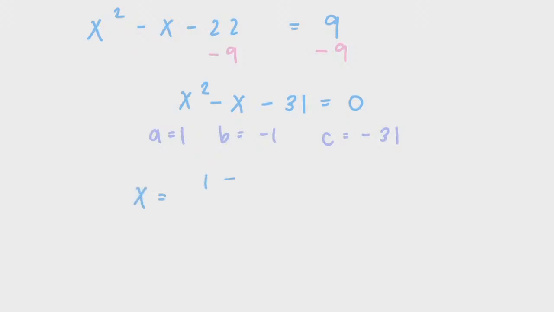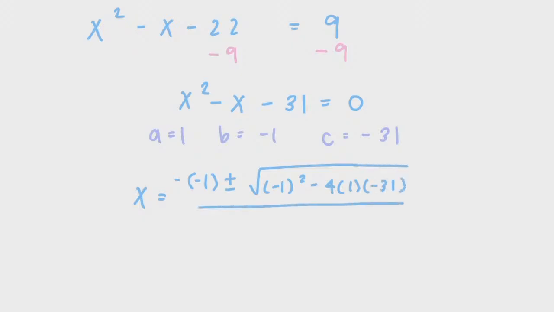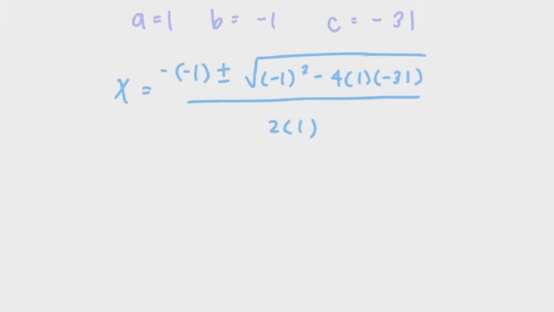So x is equal to -1 plus or minus the square root of -1 squared minus 4 times 1 times -31 over 2 times 1. So then we get x equals 1 plus or minus the square root of 1 plus 124 over 2.